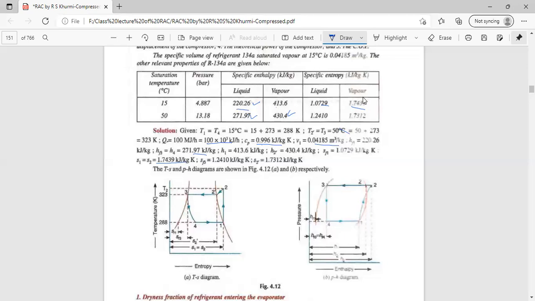So at the higher temperature, the entropy of the liquid is 1.7312.